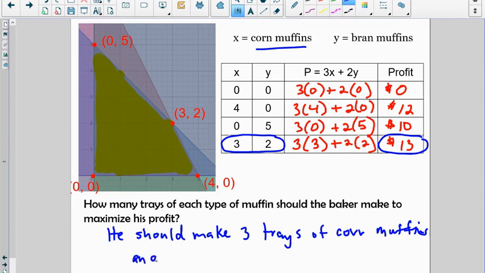And 2 trays of bran muffins. Because this would give him that maximum profit of $13.